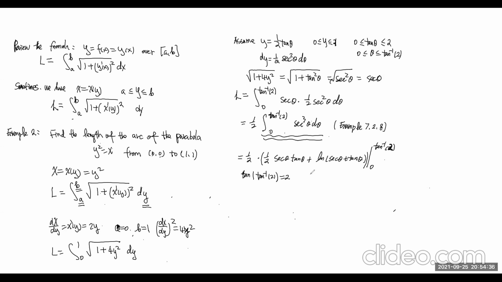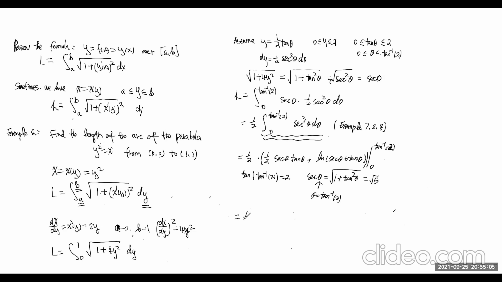We have secant theta, right, is the square root of 1 plus tangent squared theta. Here we take theta as tangent inverse 2, so we get the square root of 5.